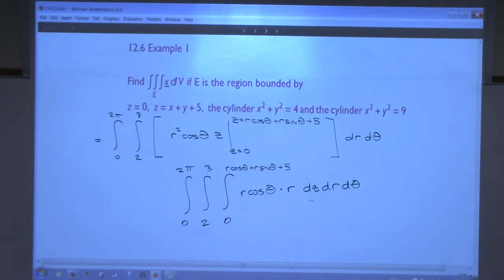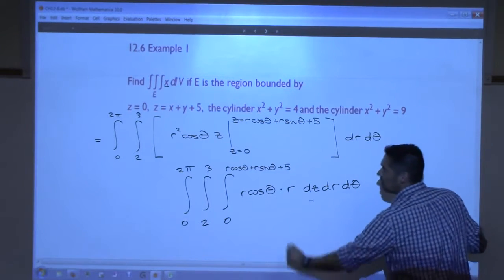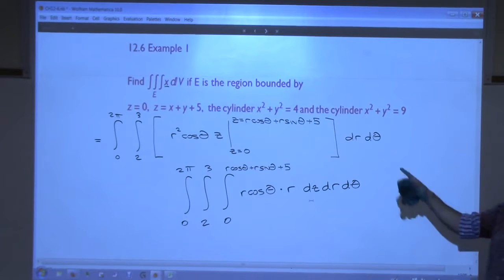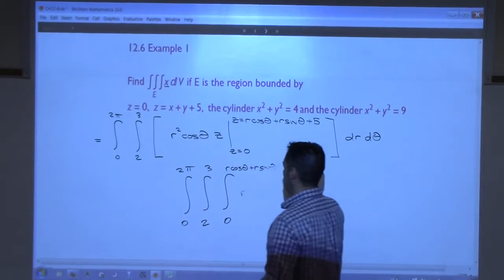So I now have the pleasure of replacing z with this and subtracting. The z equals 0 is nice, it kills stuff off. The z equals r cosine theta plus r sine theta, that's not so nice.